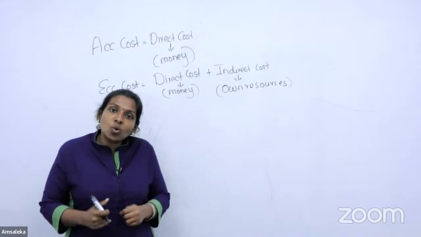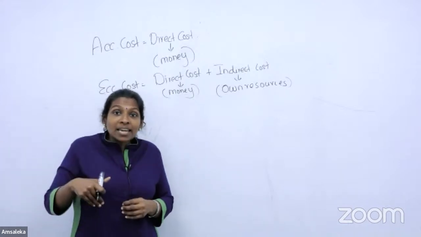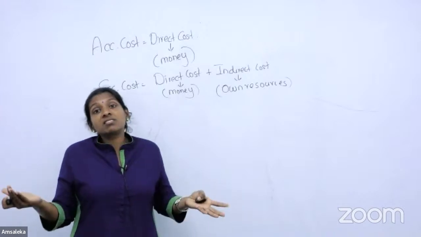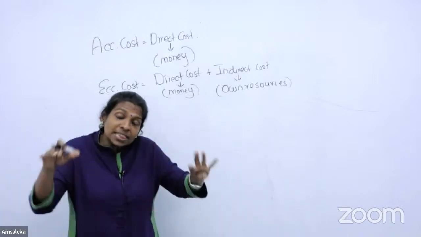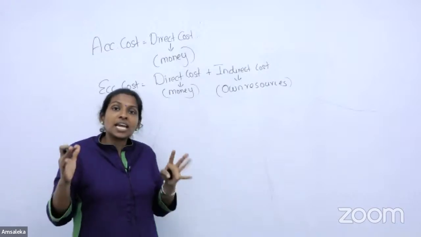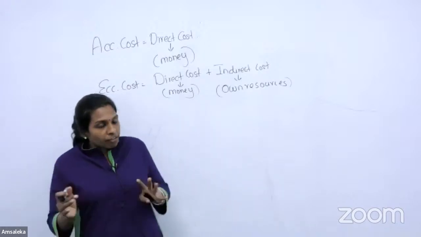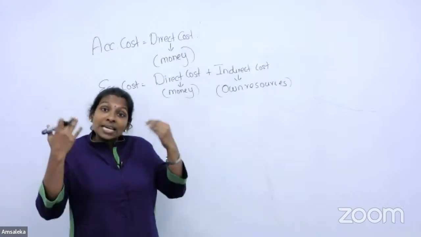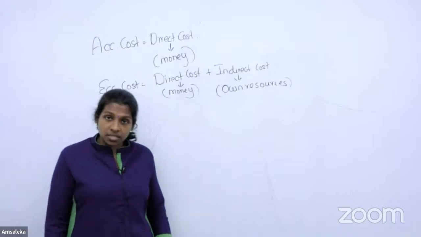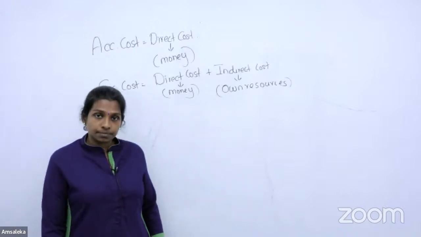Likewise, I can use my own money. Own money can be deposited, or withdrawn, then my interest income is forgone. Everything comes with the word forgone, sacrificed. Since it is our own resources, we will forgo it.